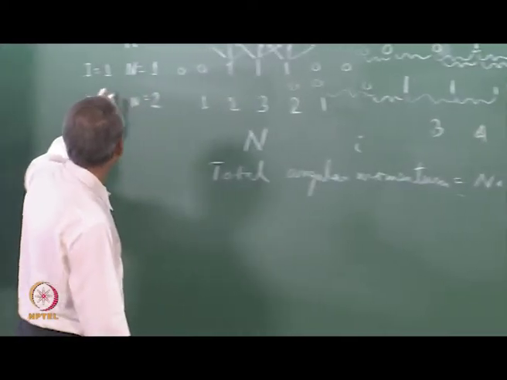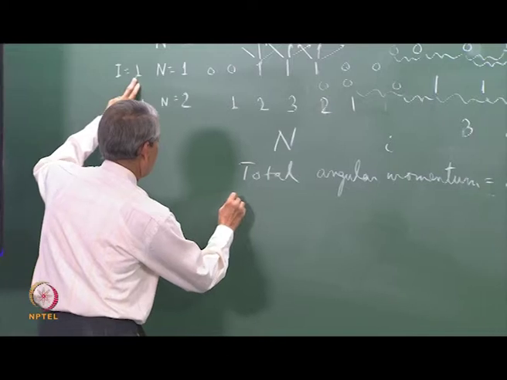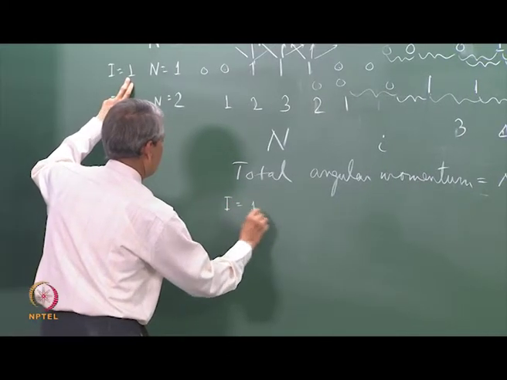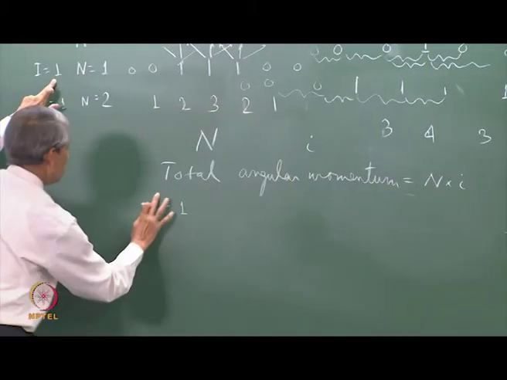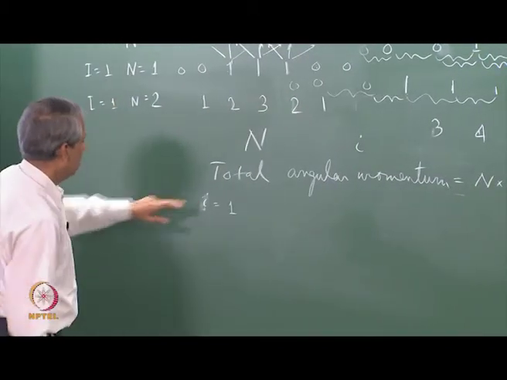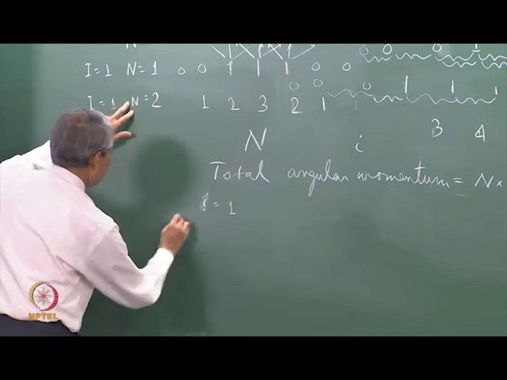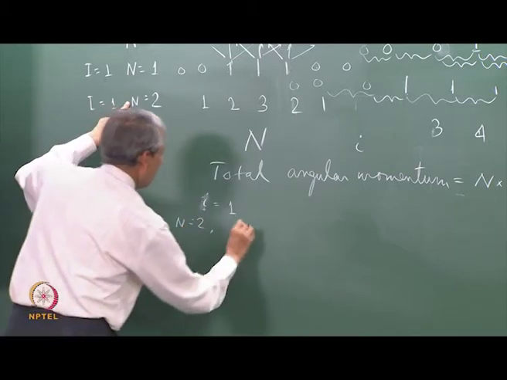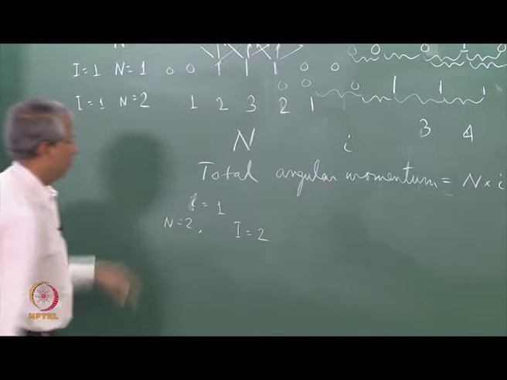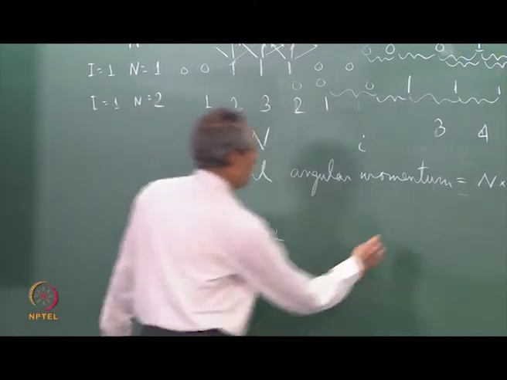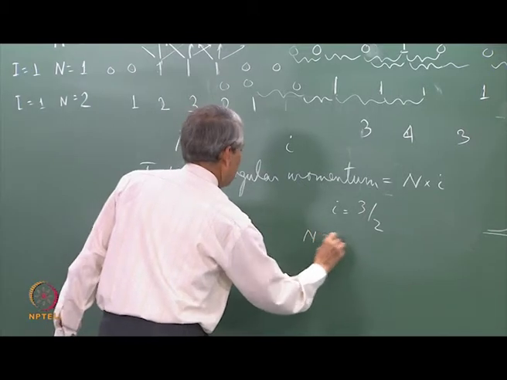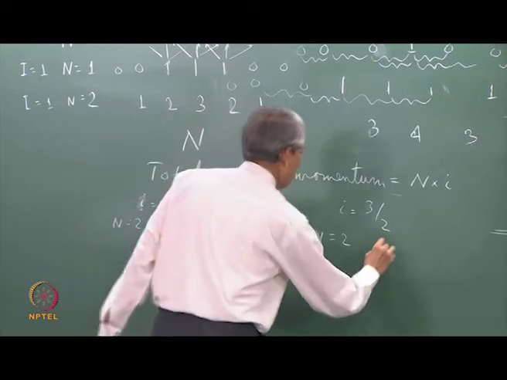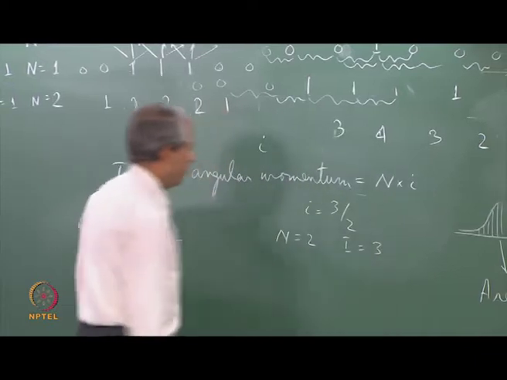With this little I, we change the notation to small I for each nucleus. Here, for example, when I equal to 1 and two of them are there, n equal to 2, then my total I becomes 2. Similarly, when I equal to 3 by 2 and two of them are there, then total I becomes 3.